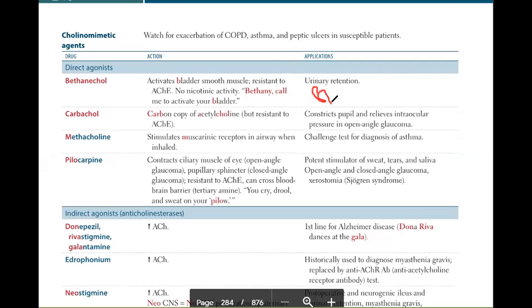Now, I was telling you that it increases the GI motility, okay? And there is a terminology called megacolon. In megacolon, there is a ganglion portion that is distorted at the level of the colon, and then the colon does not show those contractive efforts.